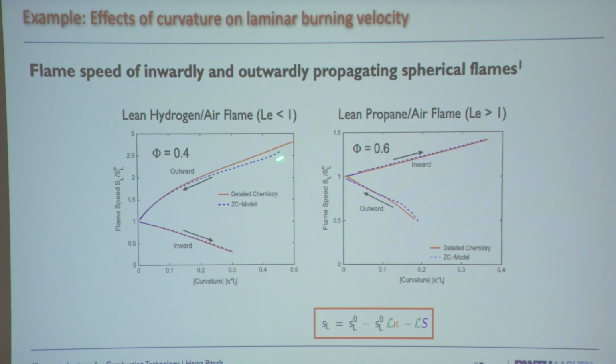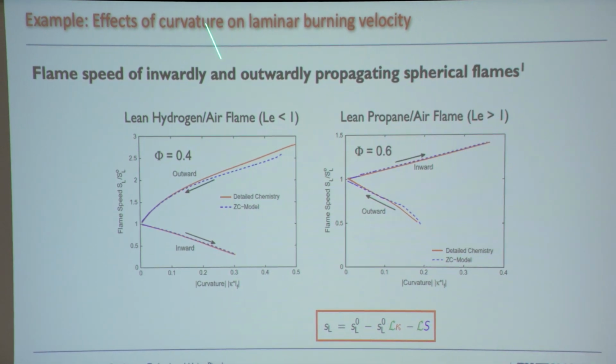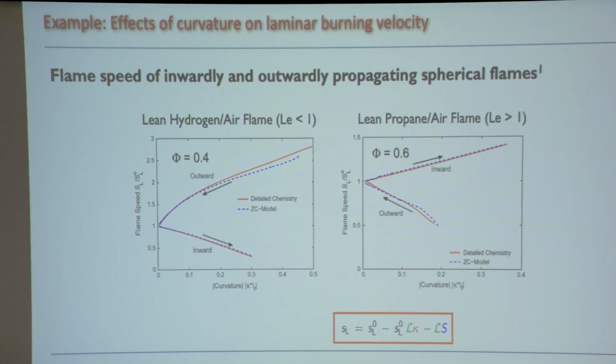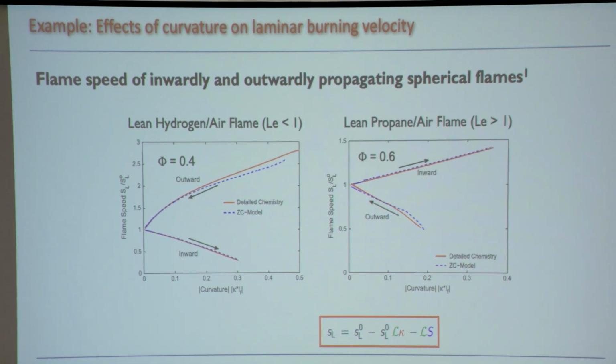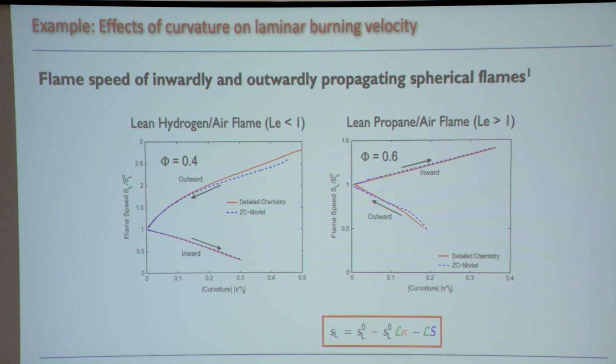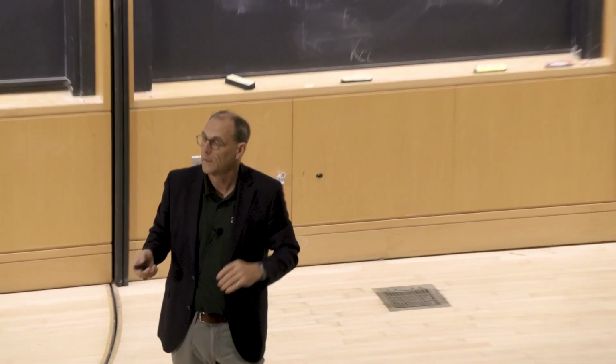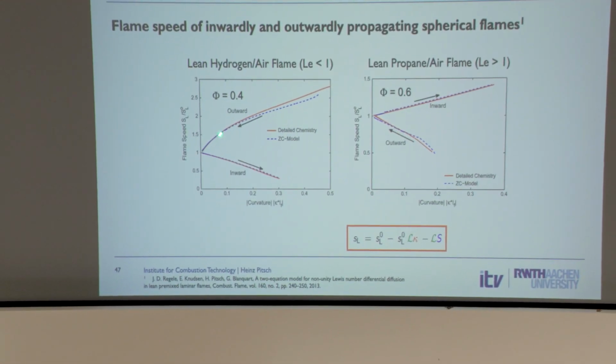But for hydrogen, in the very beginning, just after ignition, the burning velocity is super high. So even this very small flame kernel, even if you're very, very lean, will still burn stably, because especially in the beginning the burning velocity is high, and then later on, the burning velocity gets lower.